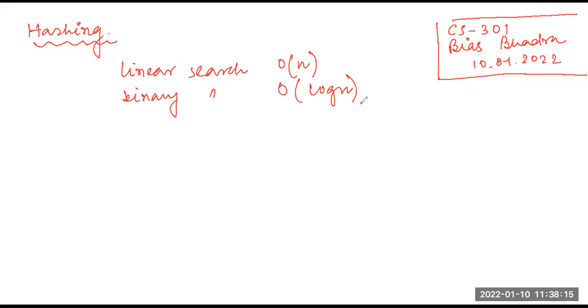Linear search and binary search, or binary search trees, are efficient algorithms to search for an element.